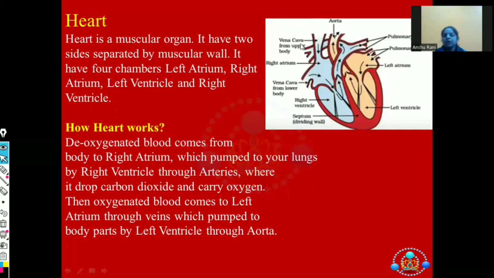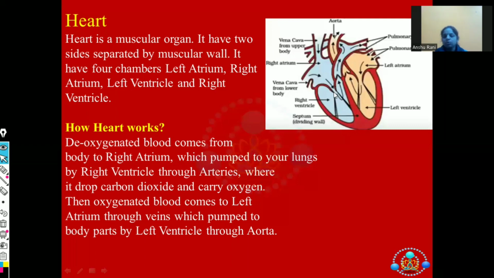It is collecting blood from the upper part of our body and it is collected in this part. And this is the vena cava which is collecting blood from the lower part of the body and it is collected in this part. When blood is collected, this valve opens and blood can move down. Blood is moving in this part.